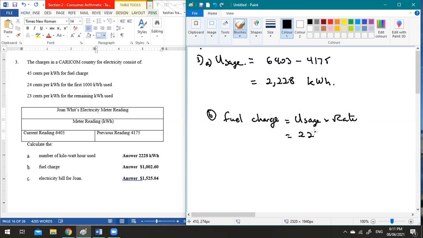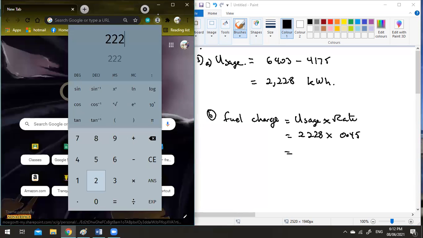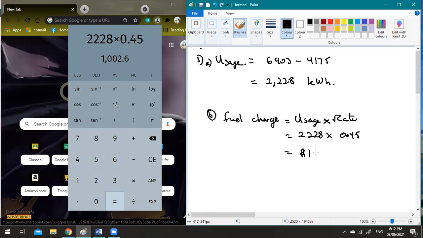So 2,228 multiplied by 0.45 is equal to $1,002.60.